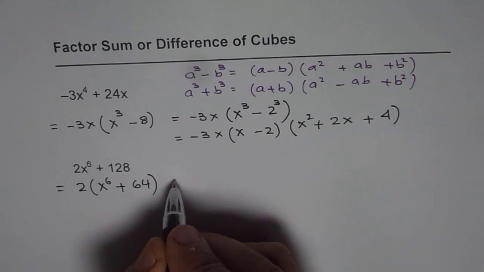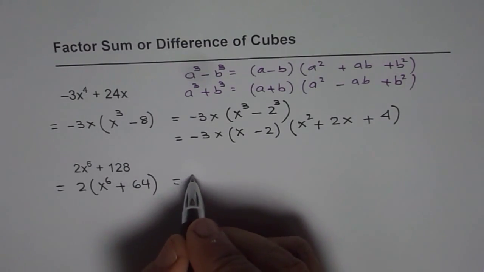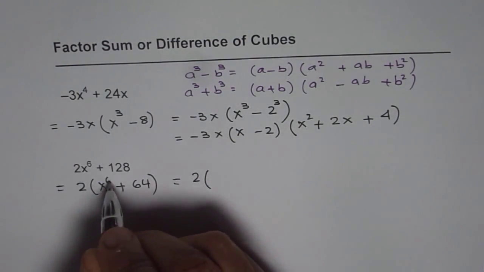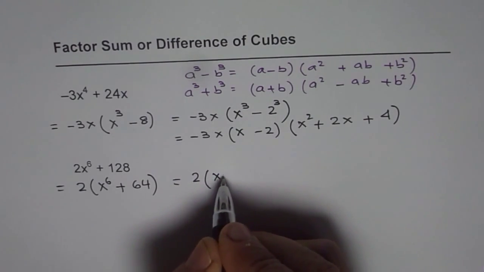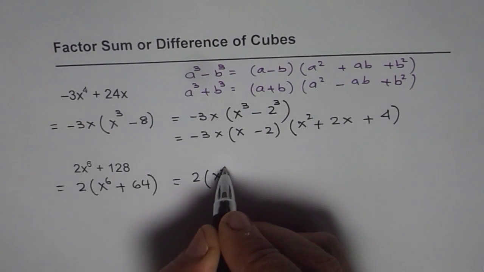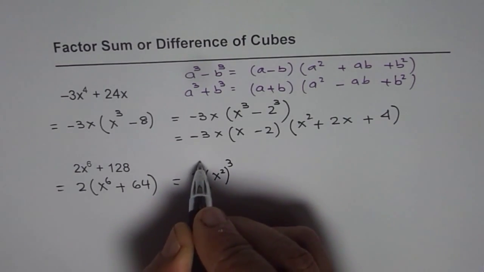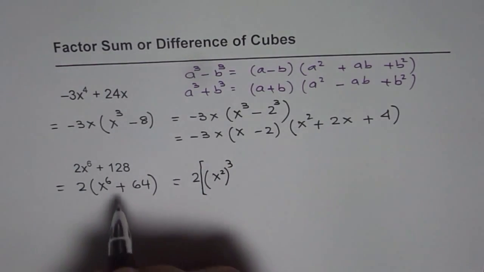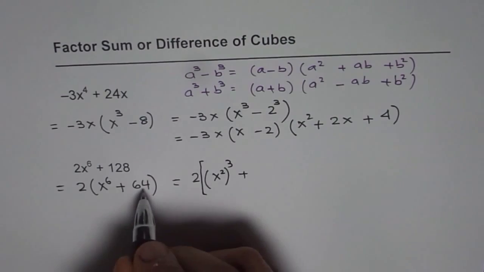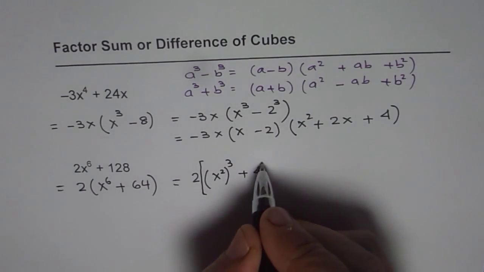So that is 4, right? So we can write this as 2 times [(x squared) cube plus 4 cube].